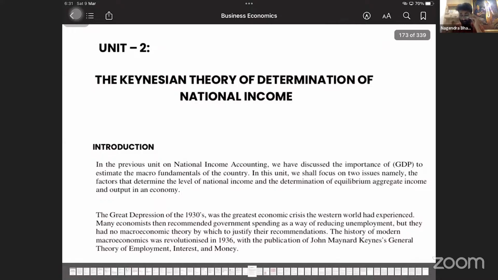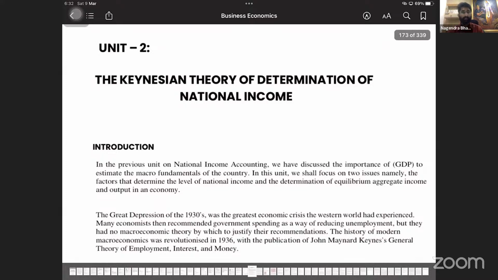Now we are going to the next topic, the Keynesian theory of determination of national income.